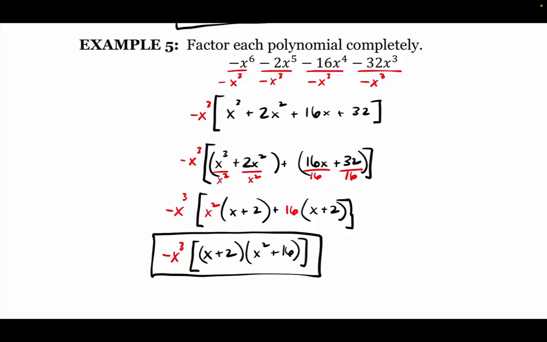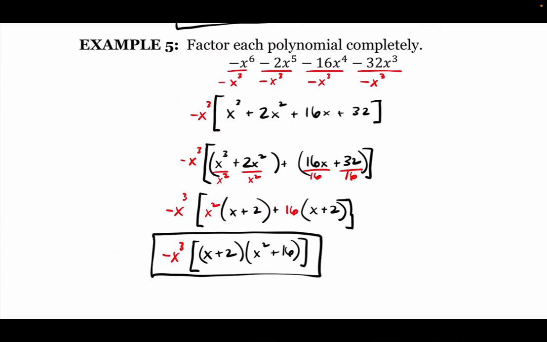Okay. So the original GCF was negative x cubed. Negative because the first guy is negative, the leading term is negative. I don't want it negative. And x cubed because that's the lowest power they all have in common. Then I put them into 2 groups.